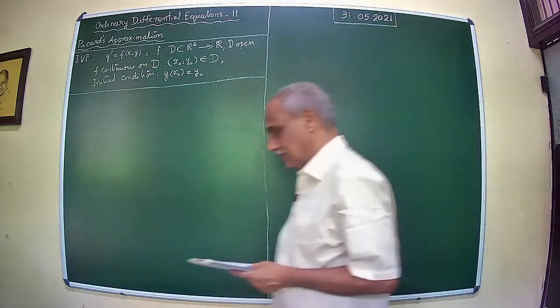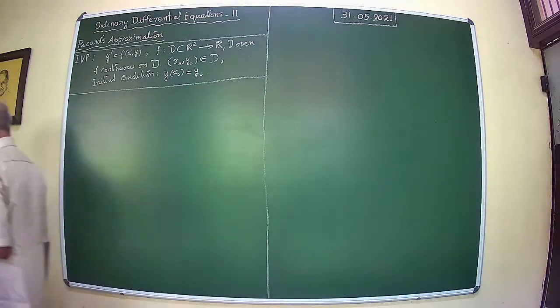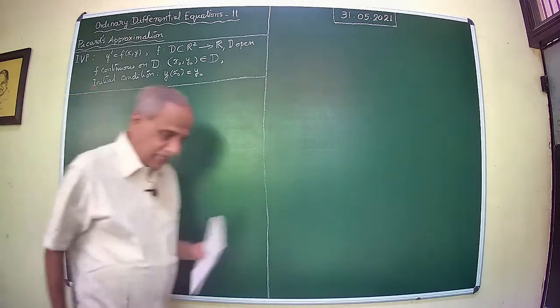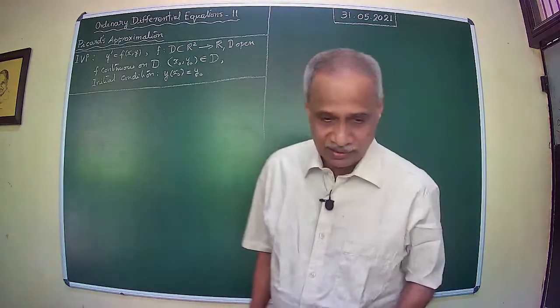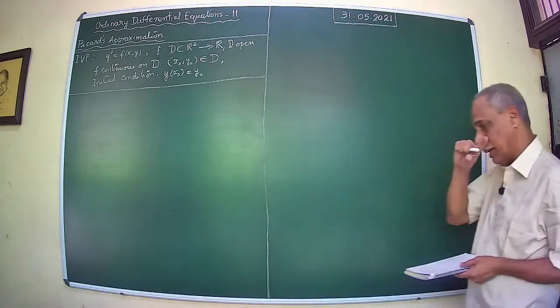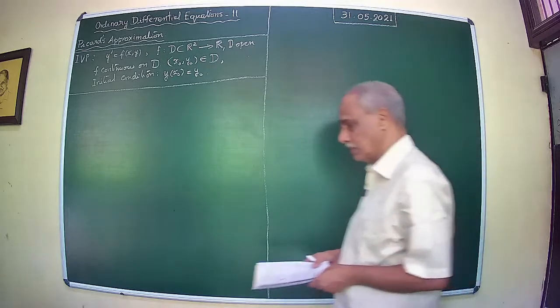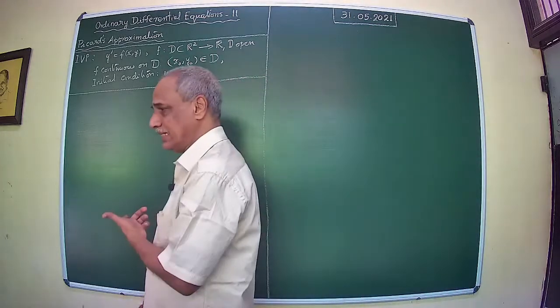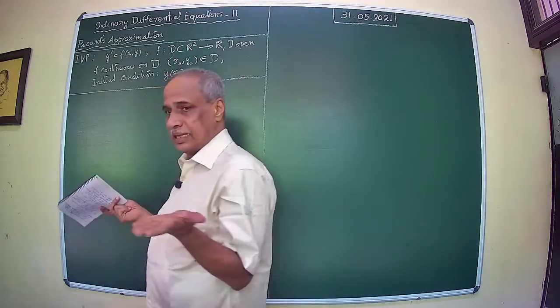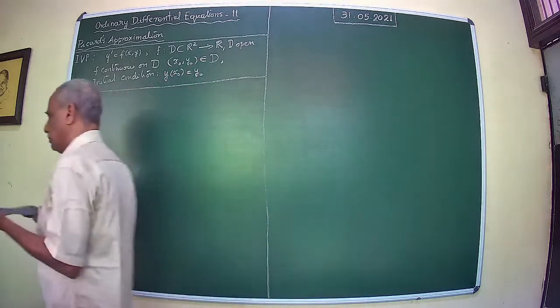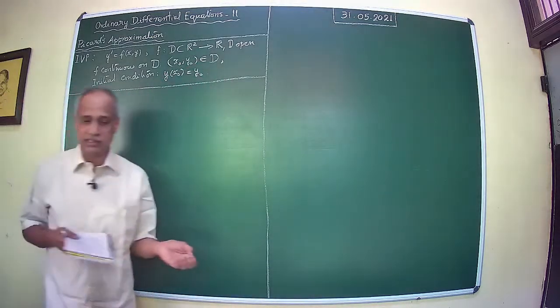So, we have been looking at the initial value problem. We have already proved using the Cauchy-Euler approximation that there exists a solution locally, and even said something about there being a global solution, in the sense that there is a maximal interval on which the solution exists.